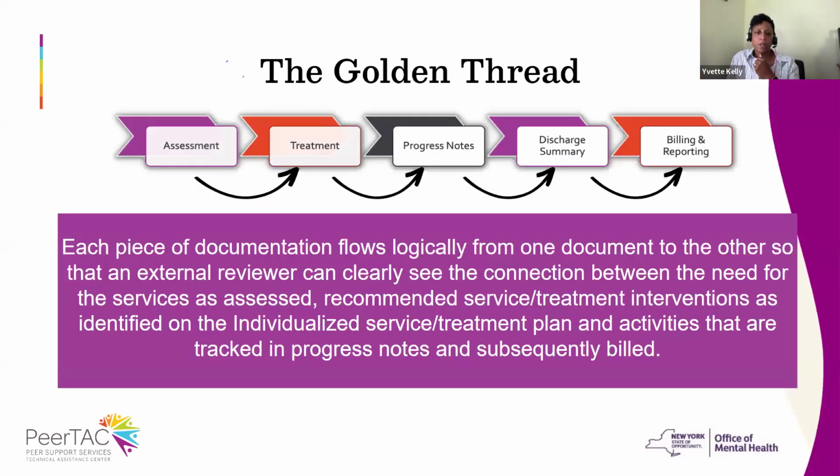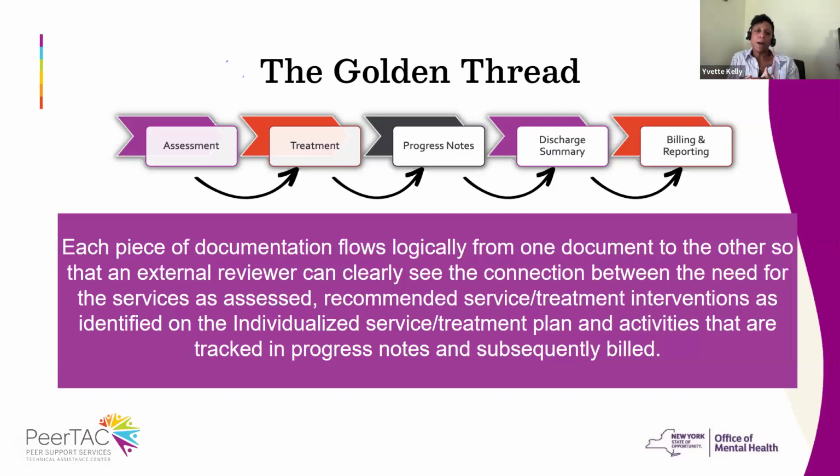The other concept is what we call the golden thread. Again, a concept that probably most are familiar with, but all this says is that it references the need for all of the documentation in the record to flow, right? To be interrelated or connected and to make sense, to be congruent is the term that I like to use.